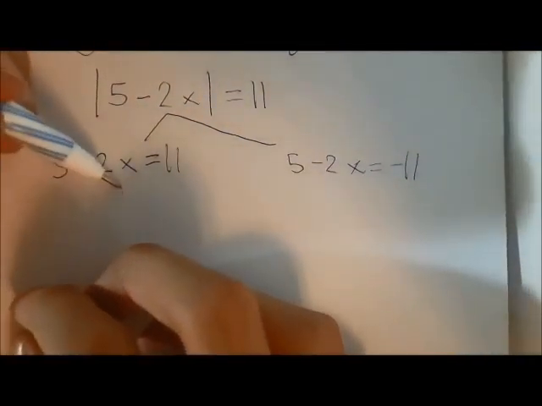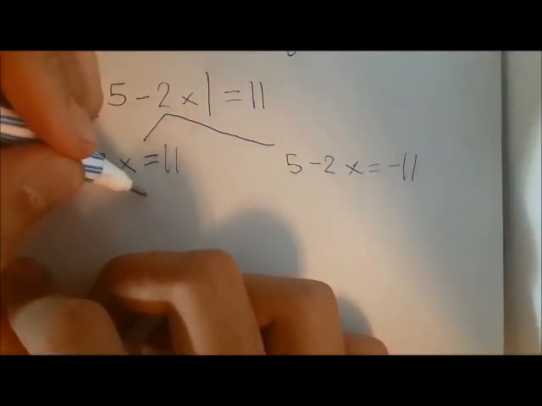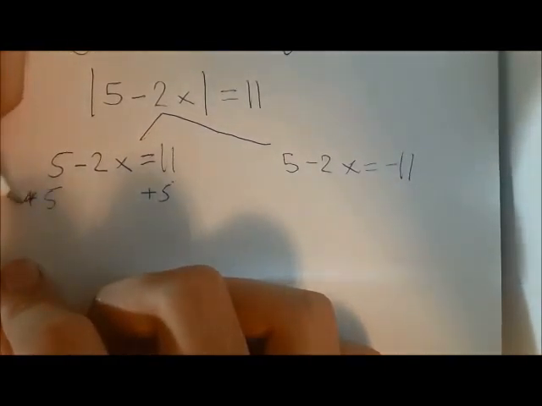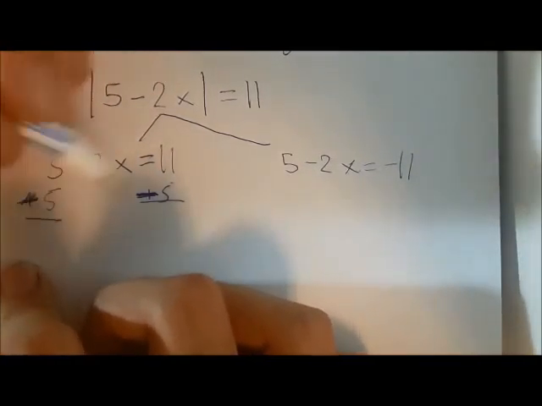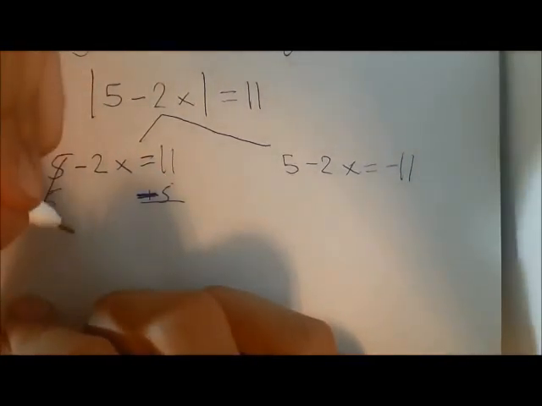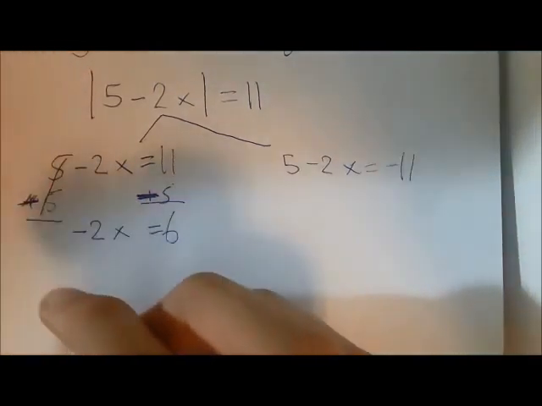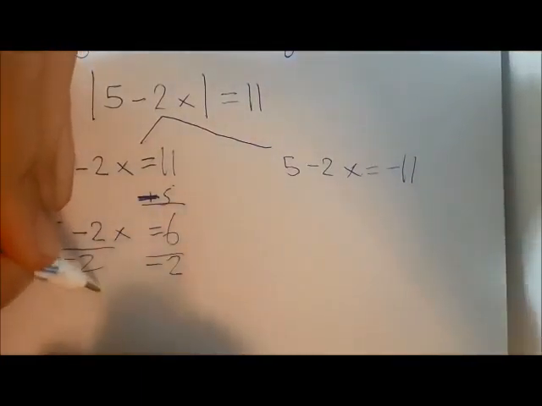And then what we have to do to find x, just minus 5. So this will be eliminated. 2x equals 6. And then divide by negative 2, divide by negative 2.